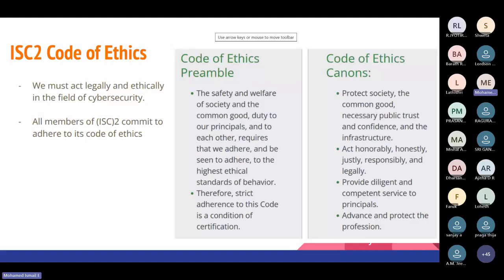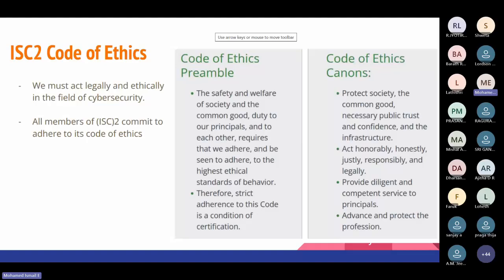Let's say you are hiding a data breach. You are not telling the truth. There is a data breach, but you are not informing the respective audience or management in your company. You are protecting yourself and trying to manage something. You are not acting honestly, so that is against the ISC² code of ethics.